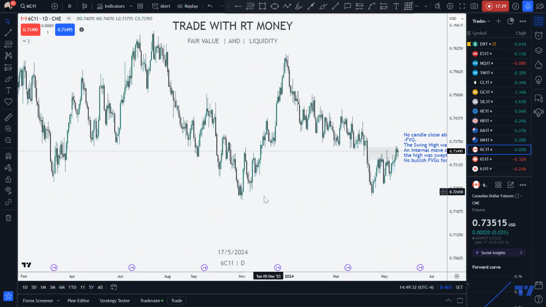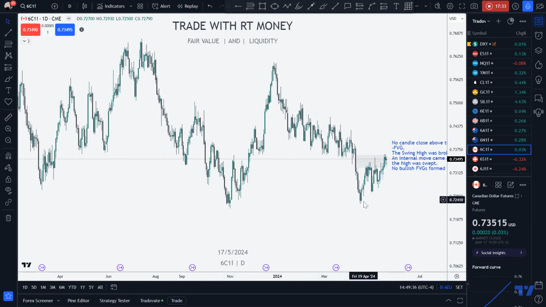It did not take out this low. It came very close, but this is a strong low because it broke this high. It broke structure. When you have a low, the only job of it is to make a new high. The only job of a high is to make a new low. This one failed to do it here. It didn't break that low.